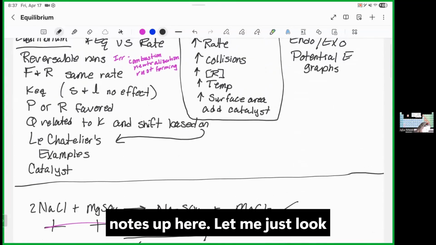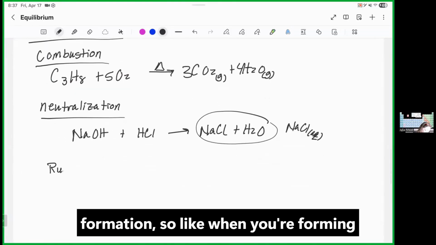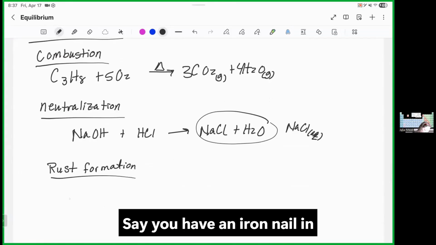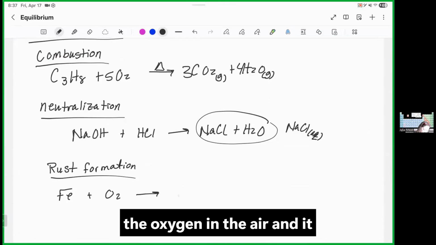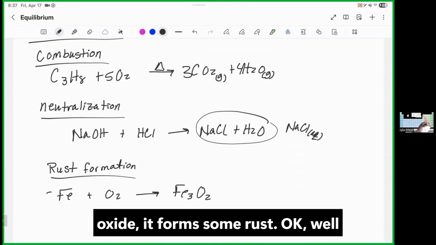And here, I wrote my notes up here. Let me just look here real quick. You also have rust formation. So like when you're forming rust, say you have an iron nail in the oxygen in the air, and it forms iron(II) oxide. It forms some rust.